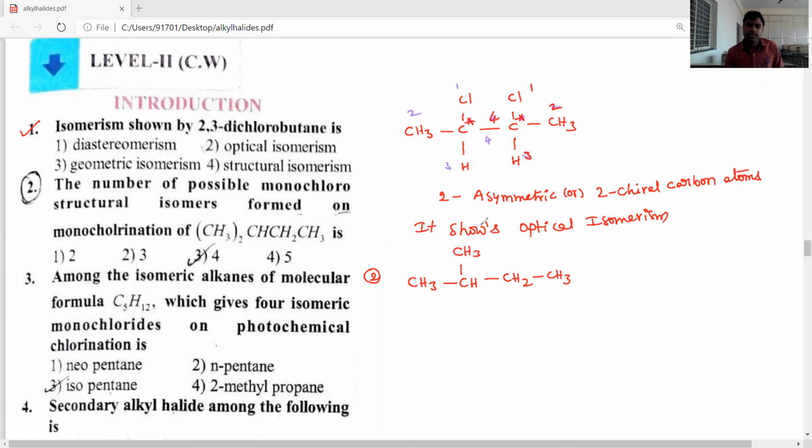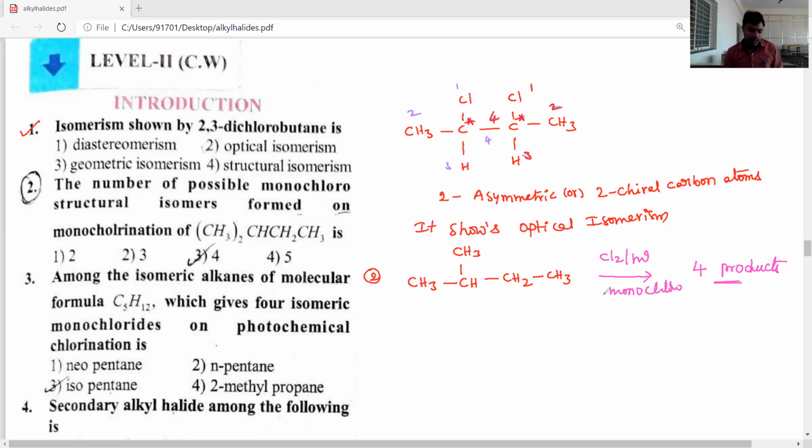Its molecular formula is C5H12. On monochlorination with Cl2 in the presence of sunlight, how many possible products will form? 4 products will form. Among them, which is major and which is minor, they are not asked.